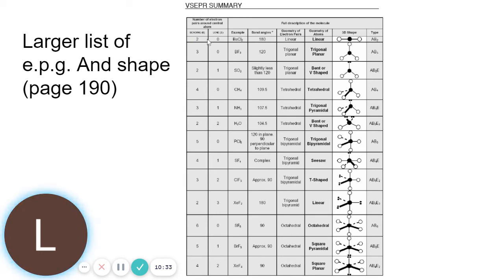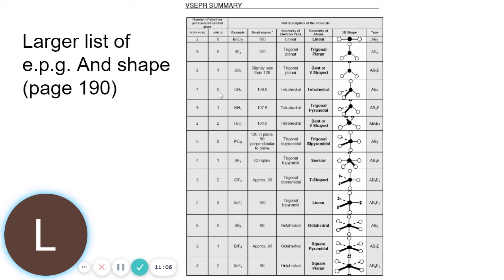So you can see here 2 bonds and 0 lone pairs was our linear shape. That was the very first one that you guys saw. 3 bonds, 0 lone pairs, that's trigonal planar, which again is the second example I did. And then I didn't actually do an example of this where you have 2 bonds and 1 lone pair. It still has the electron pair geometry of trigonal planar, but now the shape would be bent. Tetrahedral we did go over.